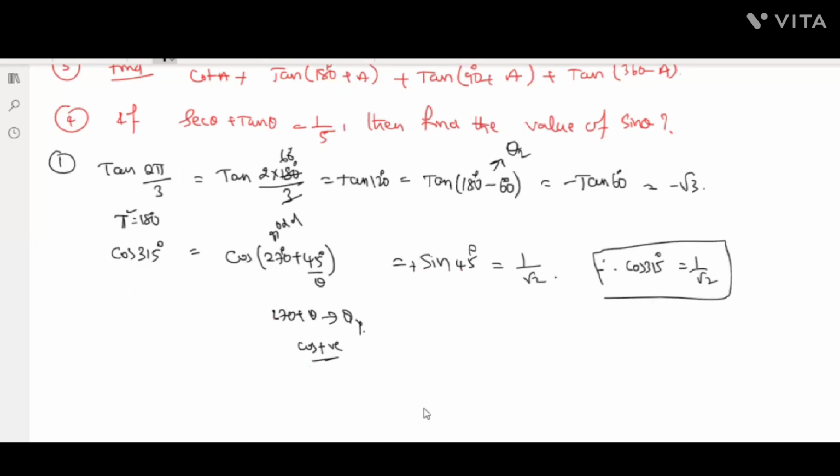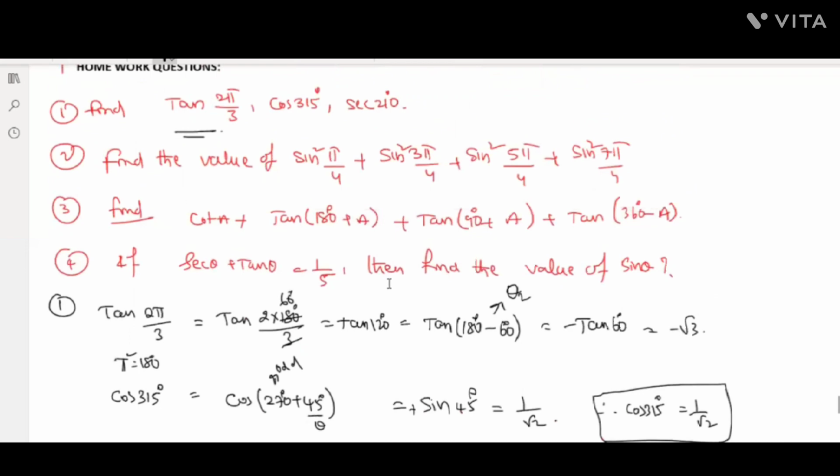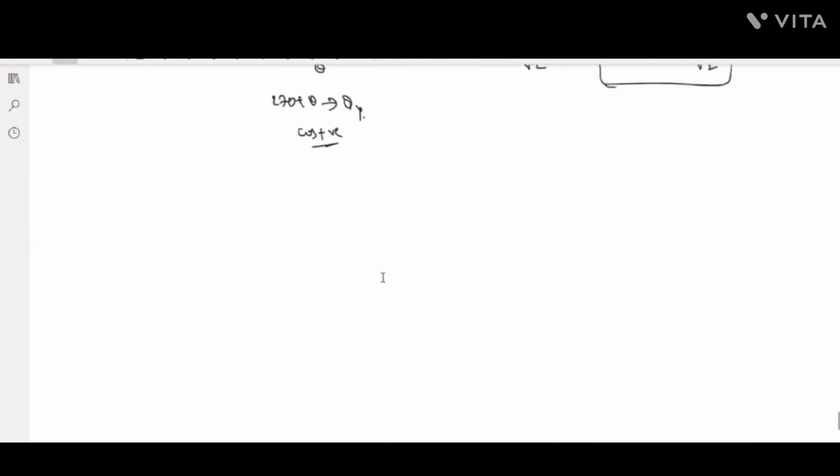Next one is secant 210 degrees. We can write secant 210 as secant of 180 degrees plus 30 degrees. If I assume 30 as theta, 180 plus theta belongs to quadrant 3.